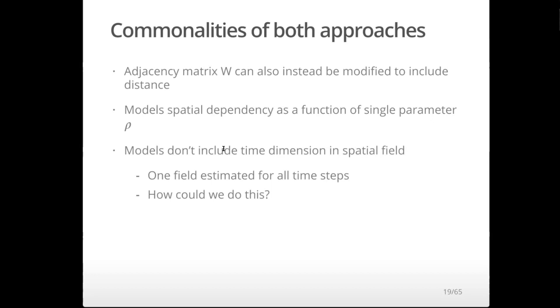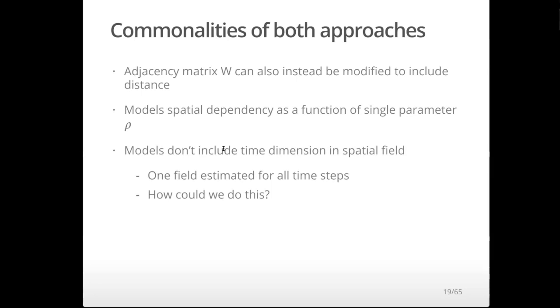These models, as I was saying, are estimating static random effects, so they're estimating a spatial field that's common across all of the different time dimensions that might be in our data. I think we could potentially extend these models to include that time dimension if we wanted to draw, say, phi vectors that were unique to each time slice.